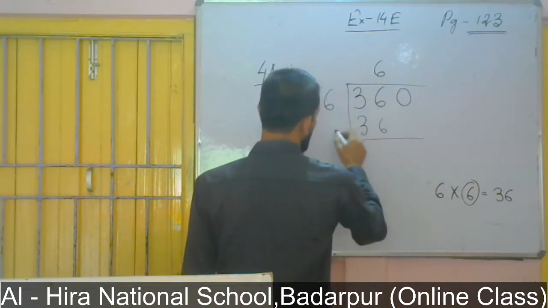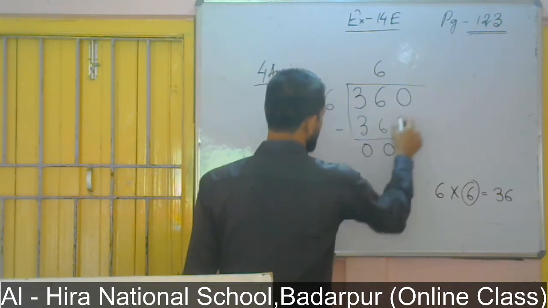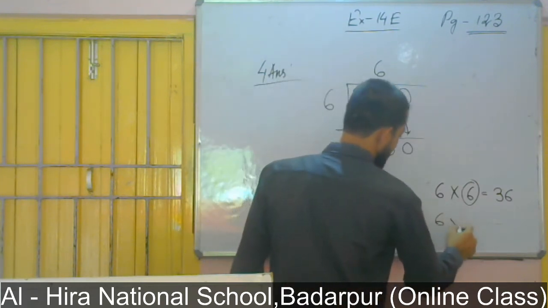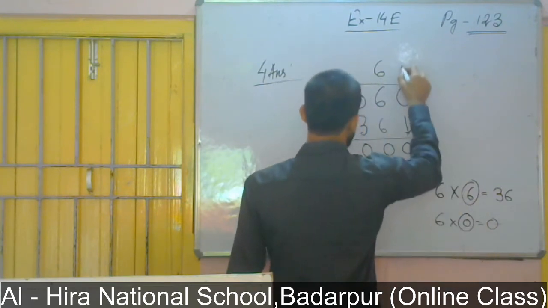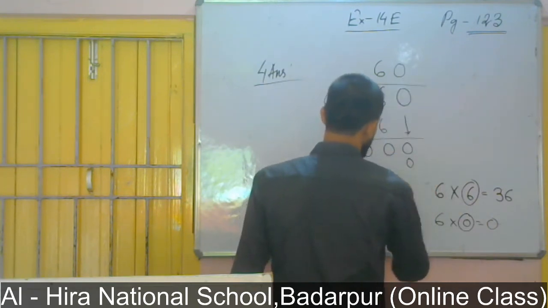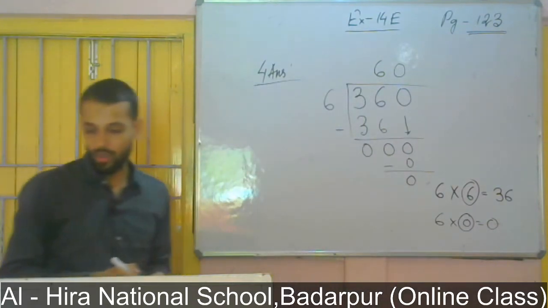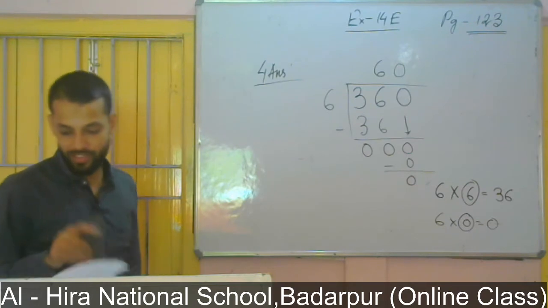Now we have to subtract. 6 minus 6 equals 0. 3 minus 3 equals 0. Bring down 0. We know that when we multiply any number by 0, the result will be 0. So 6 multiplied by 0 equals 0. Now again if we subtract, we will get 0. That means we can write he sold each pot for rupees 60.